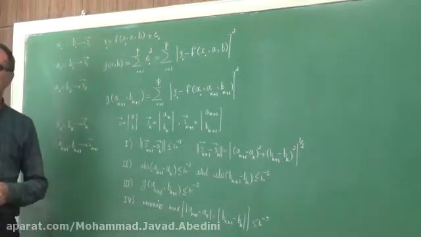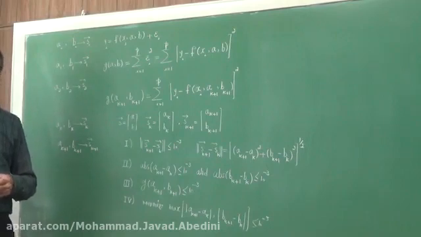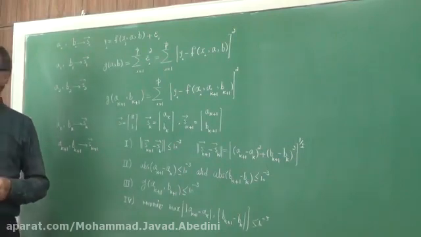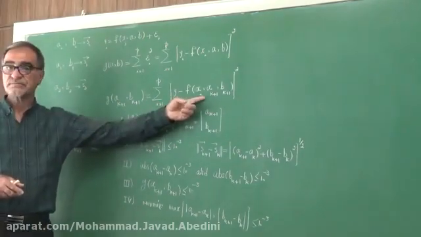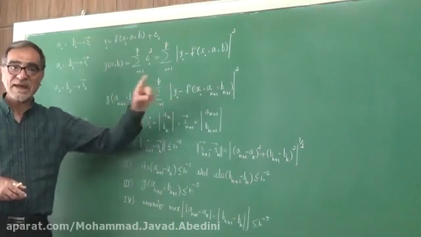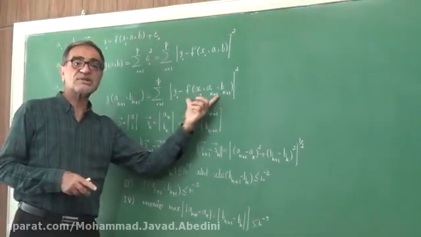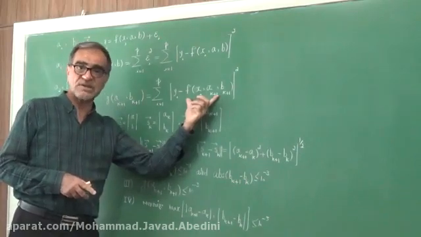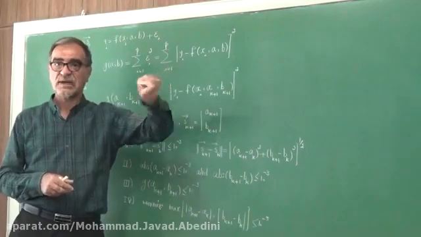What I am going to do, please pay attention. This is Rajab Zadeh, this is Zare. What I'm going to do is to use this relationship and expand this term using Taylor series expansion around X_i, A_k, and B_k, and see what will happen.